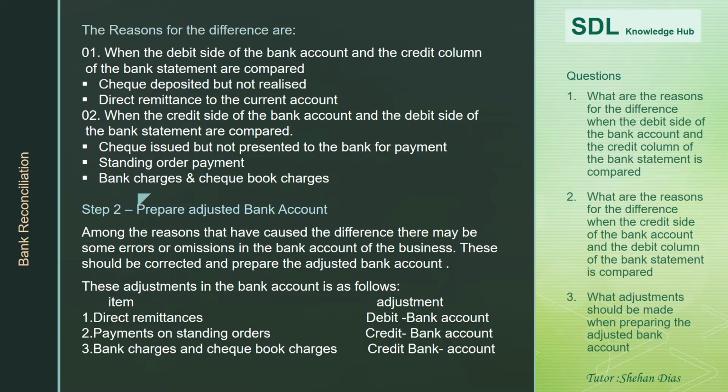One is checks deposited but not realized, and the other one is direct remittances to the current account. Then we compare the credit side of the bank account with the debit column of the bank statement. There are 3 reasons for the difference. Checks issued but not presented to the bank, then standing orders, and bank charges and checkbook charges.